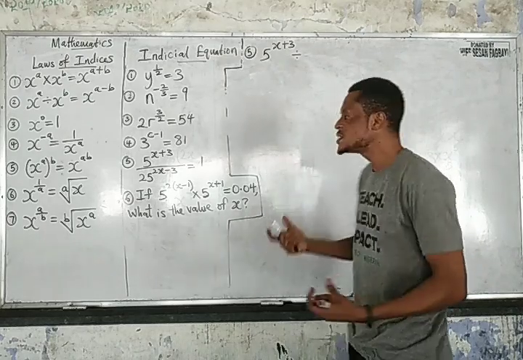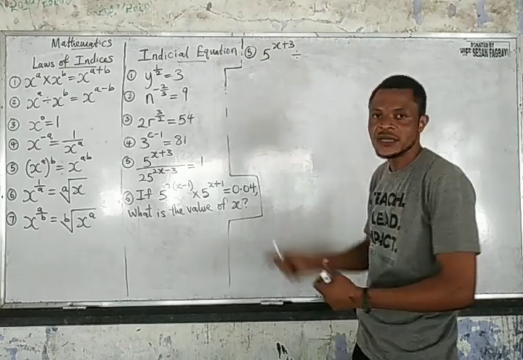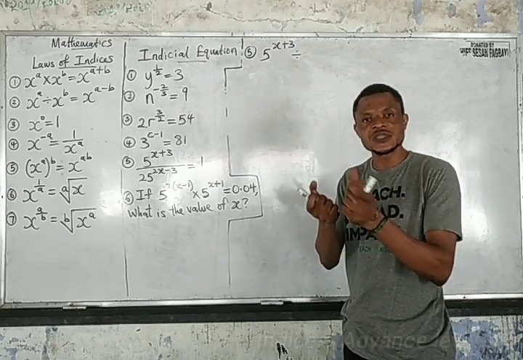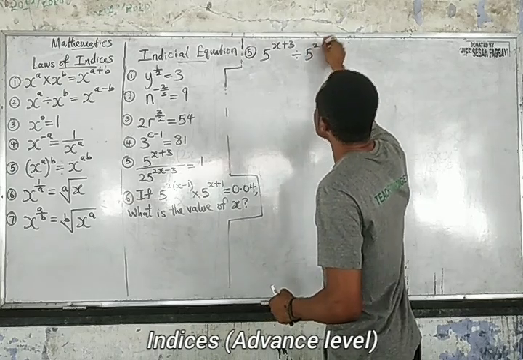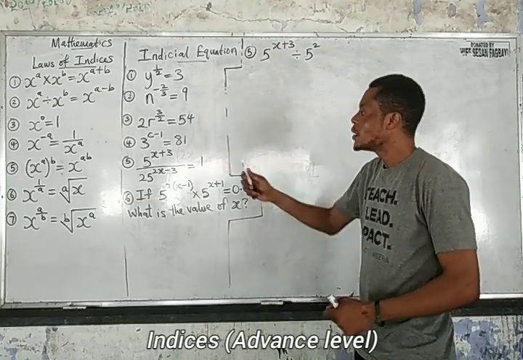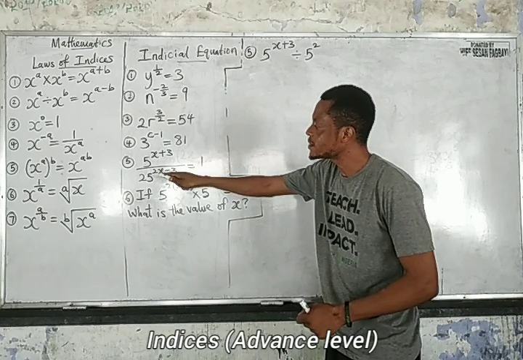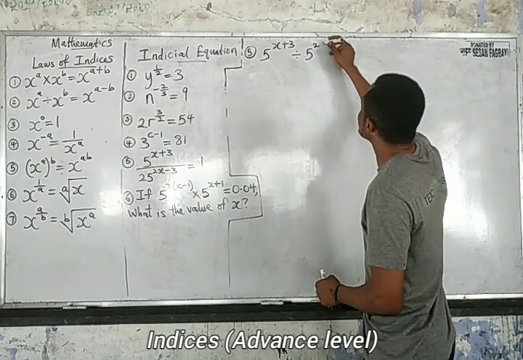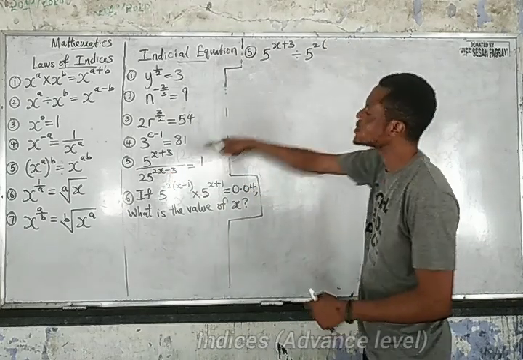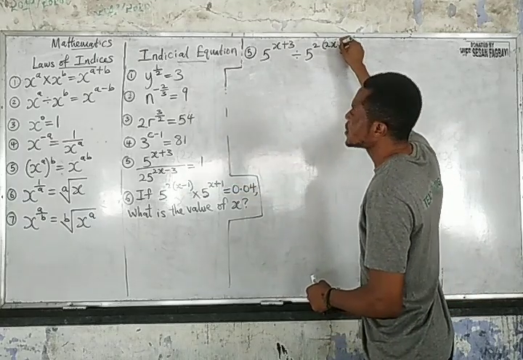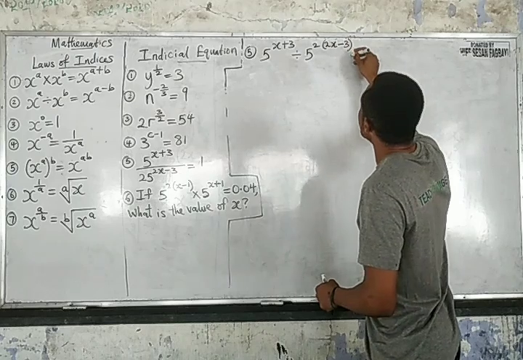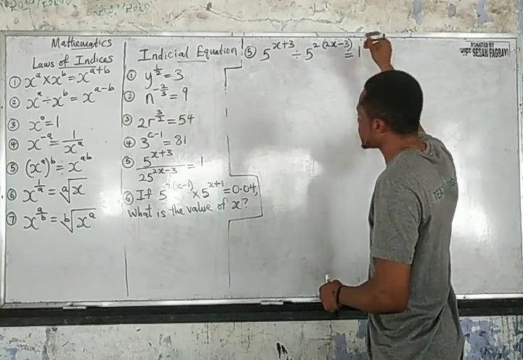The purpose of this is to have a similar base for us to be able to process it even further. So we have 5 raised to power 2 now. But already stated here, we have 2x minus 3. So I'm going to write that by multiplying it with the power, which is 2x minus 3, all to give us 1.